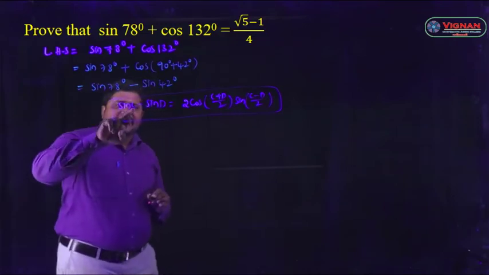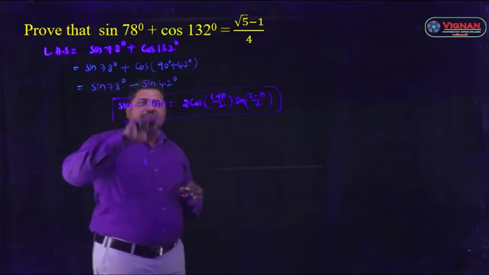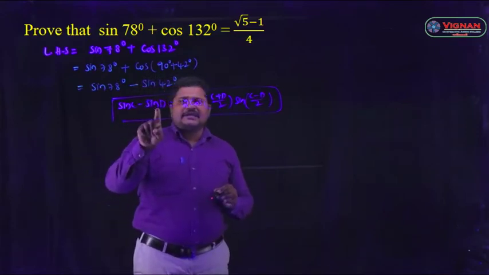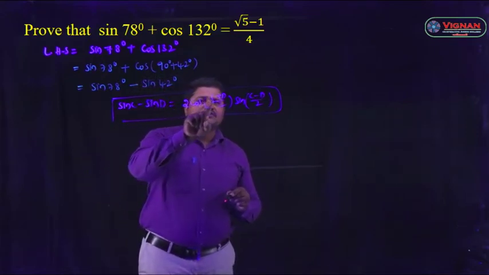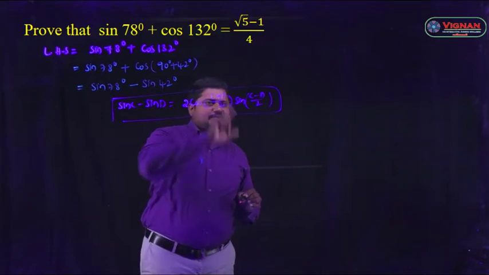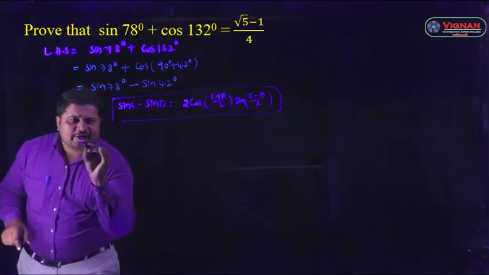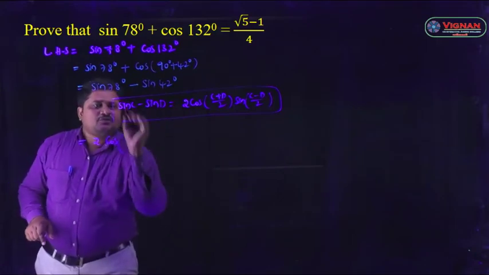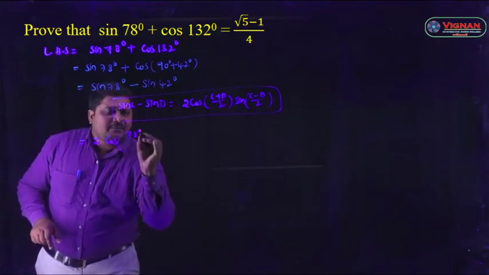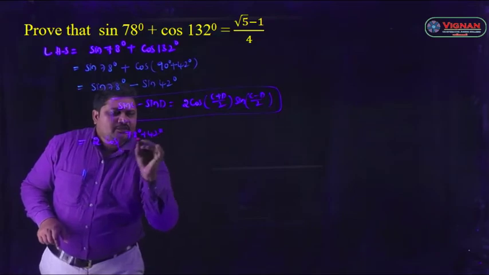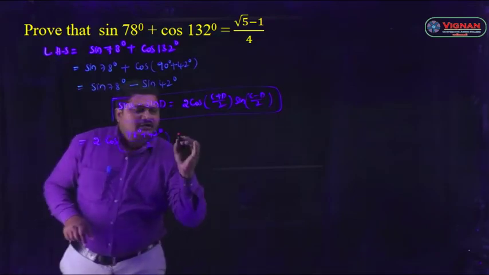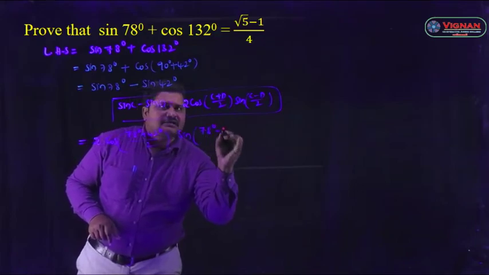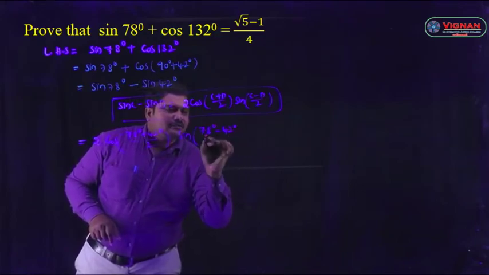Substitute c is equal to 78, d is equal to 42. We get sin c minus sin d is equal to 2 cos of c plus d by 2 sin of c minus d by 2. Then we can write 2 cos of 78 degree plus 42 degree by 2 and sin of 78 degree minus 42 degree by 2.